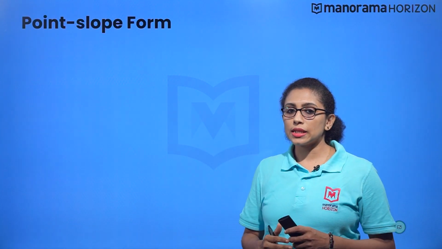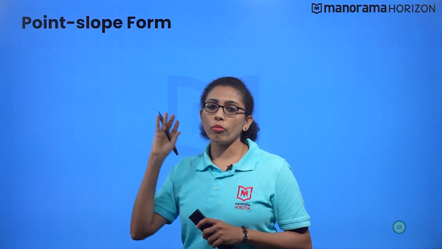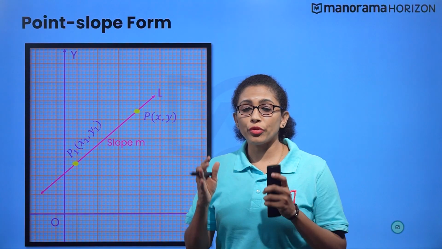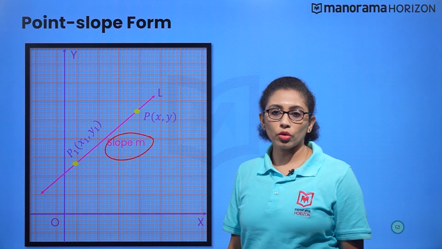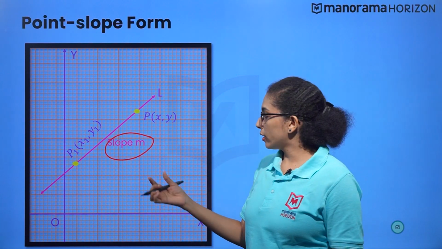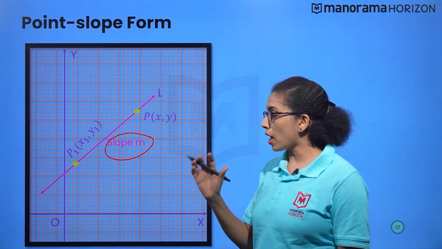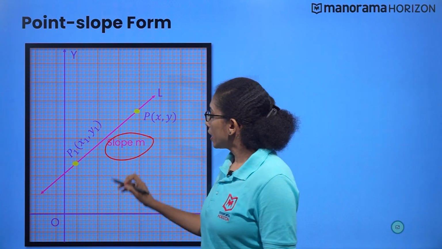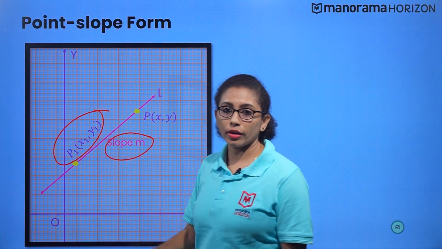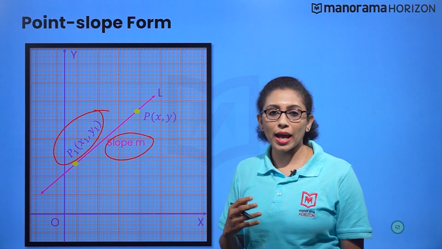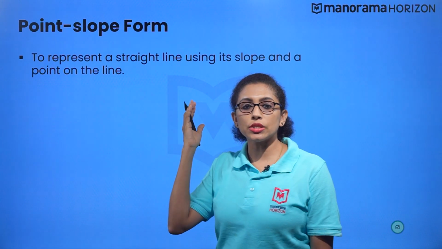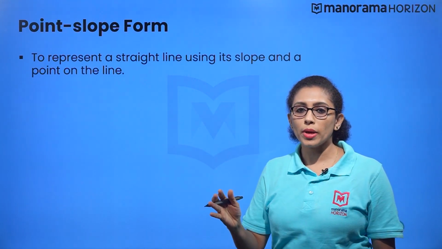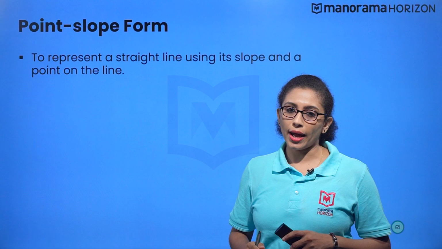Now, we will discuss point slope form. As the name suggests, we will be given the slope of a line. Let's say it is m and it is passing through the point x1, y1. Then, in that case, point slope form is used to represent a straight line using its slope and a point on the line.